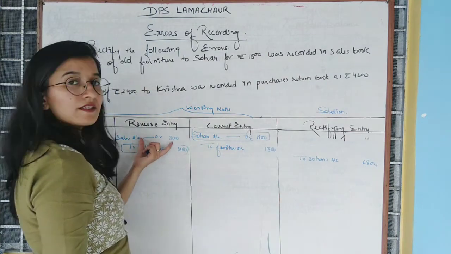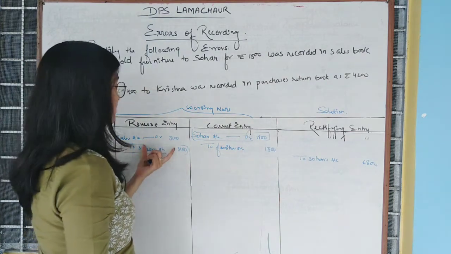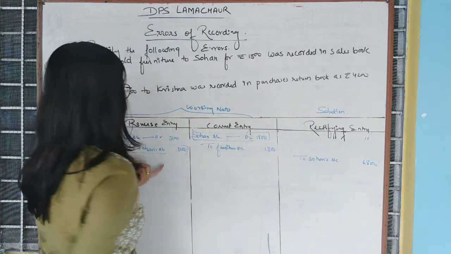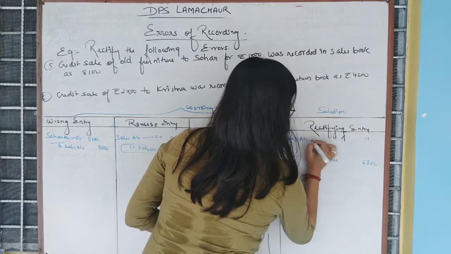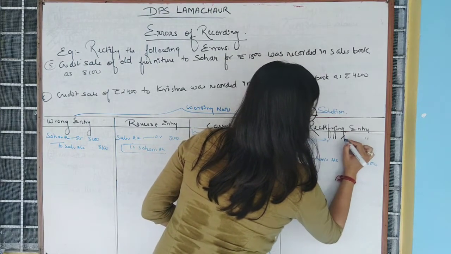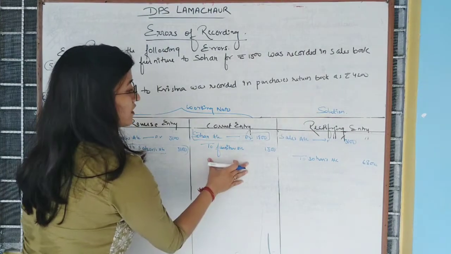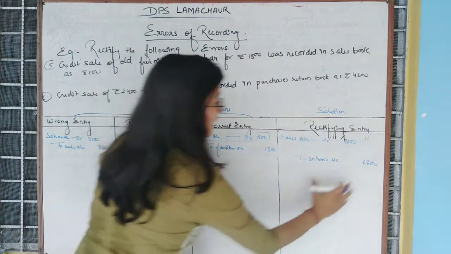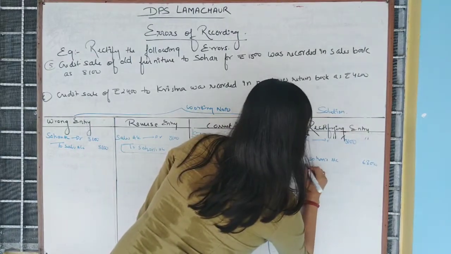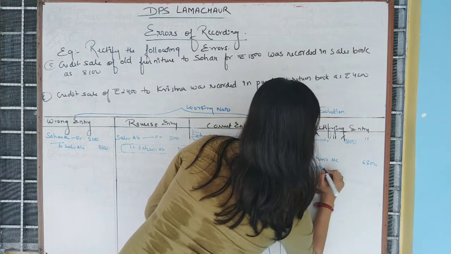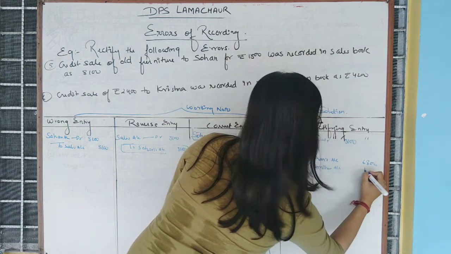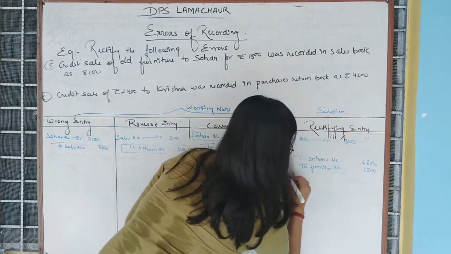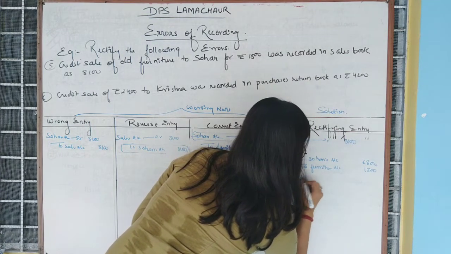Next, sales account is debited with 8100. So in rectifying entry, we will debit sales account as 8100, and furniture account will be credited with 1800 to furniture account. Amount will be 1800. Being error rectified.